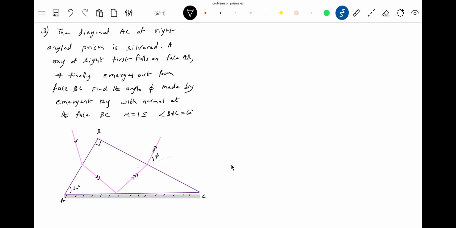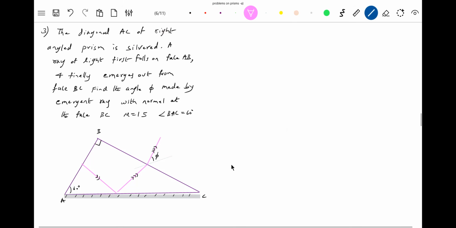This angle is what we have to calculate. Some small correction. Let me draw it properly.